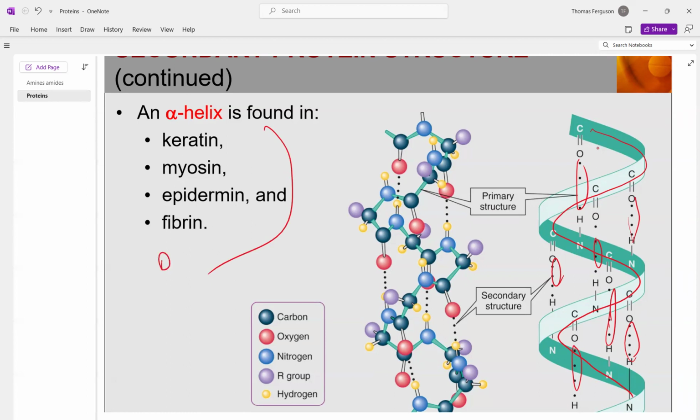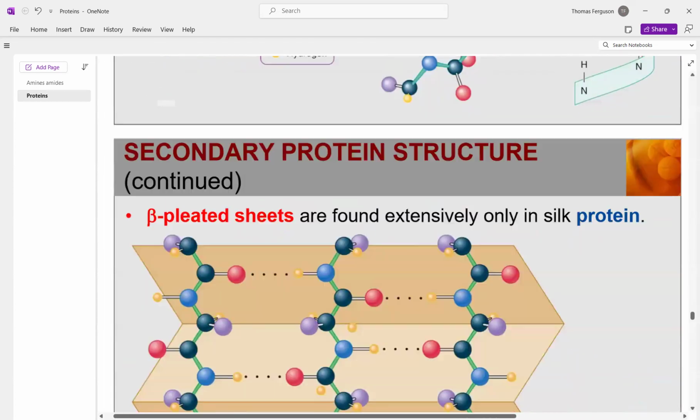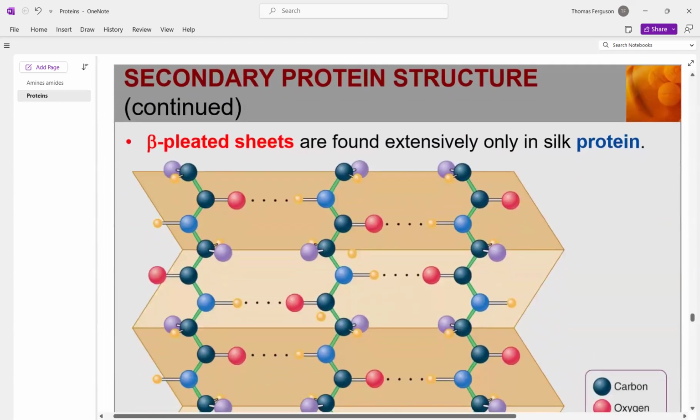Also, I want to add the other way is this pleated sheet idea. And basically that's strands of amino acids lying adjacent to one another.